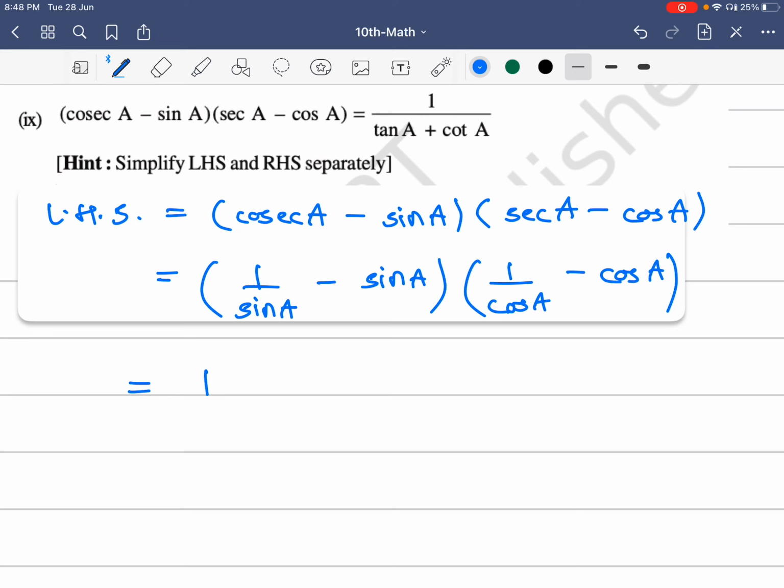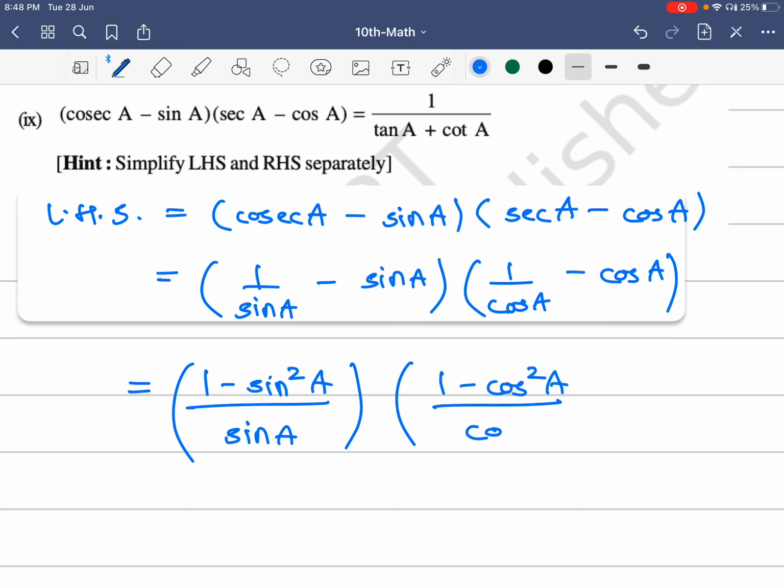That is equal to (1 minus sine square A) the whole upon sine A, this is our first bracket, multiplied by (1 minus cos square A) the whole upon cos A, this is our second bracket.